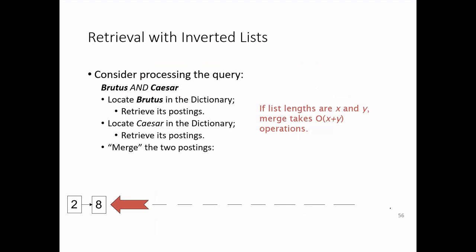Next, we will locate Caesar in the dictionary and retrieve the corresponding postings. And then merge the two postings, because that is the list of documents where that query is satisfied.